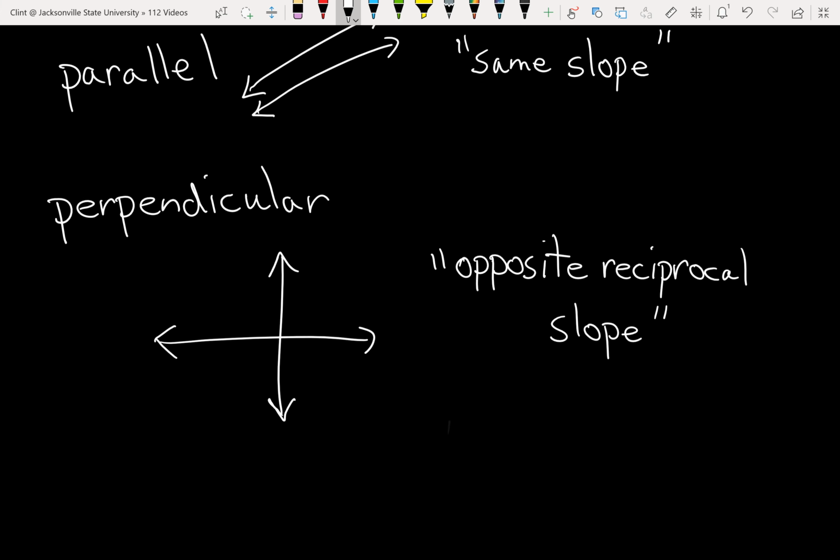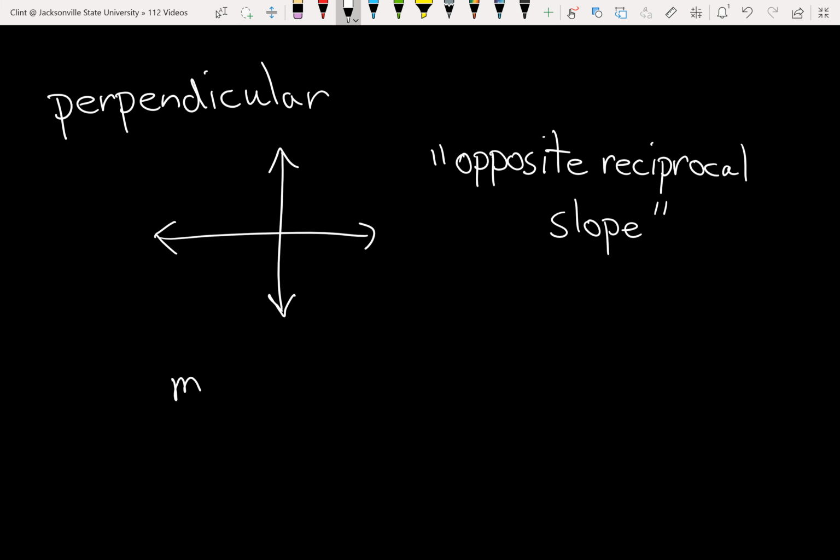So if the slope of line 1 is 1/4, then the slope of line 2, if they're perpendicular, would be negative 4/1. We flip it and we change the sign.